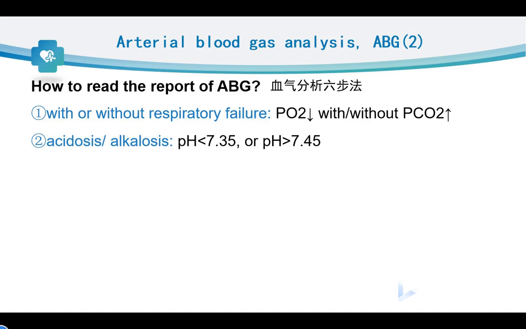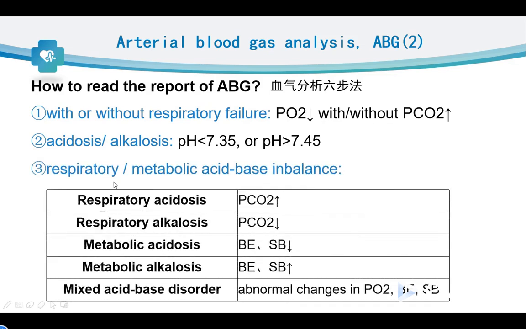Step 2, to confirm the existence of the acidosis or alkalosis with the data of pH. And step 3, to confirm the respiratory or metabolic acid-base imbalance, as this table showing.